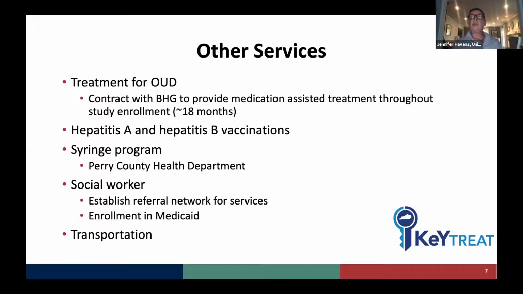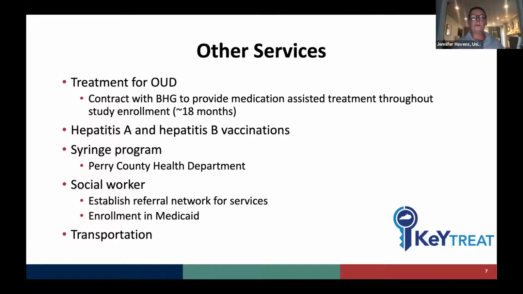And at one point in time, we thought we were going to provide it as well, but there's a lot involved with that. And that was perhaps going to even take more time to set up than the treatment program. So we've contracted actually now with 2 providers. And anyone who's interested in treatment, we will subsidize the treatment for them. We're doing hepatitis A and hepatitis B vaccinations. So we're kind of billing ourselves as kind of one-stop hepatitis shopping.